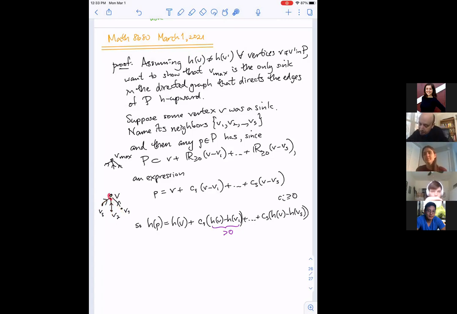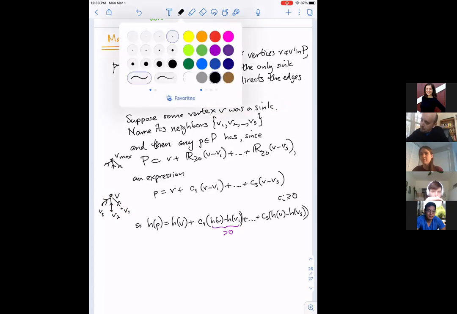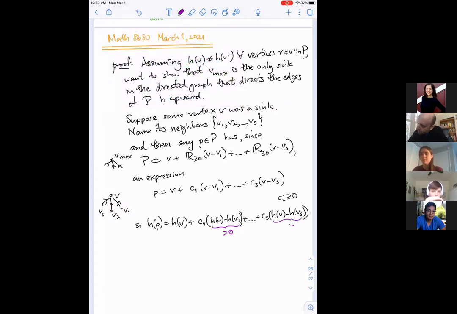But the point is the value here has to be bigger than the value here. That was our assumption because vertex V was a sink. And so these things are all greater than 0. These cis are greater than or equal to 0.